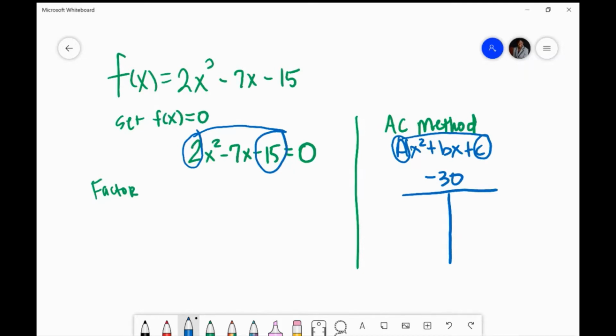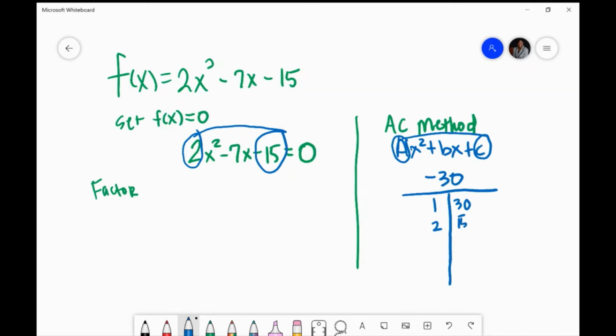All right, so let's write out the factors of 30 in order. So 1 and 30. Put in the chat what are some other factors. Let's try to do it in order though. 2 and 15. All right.